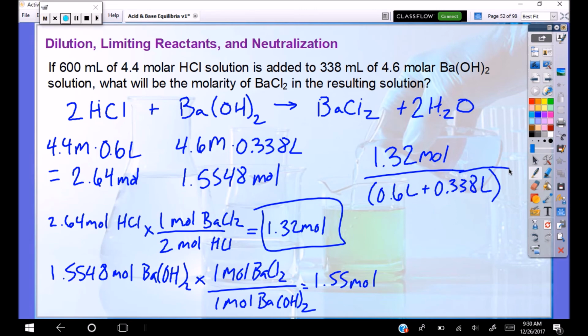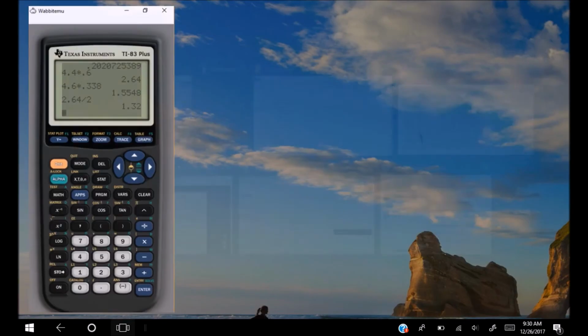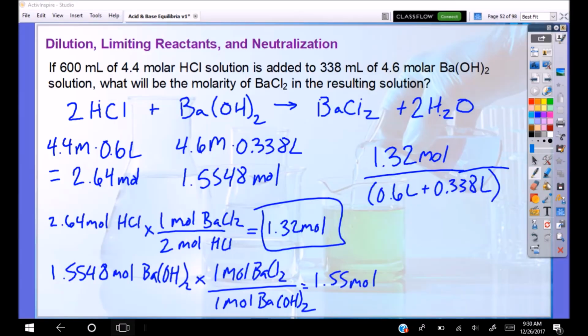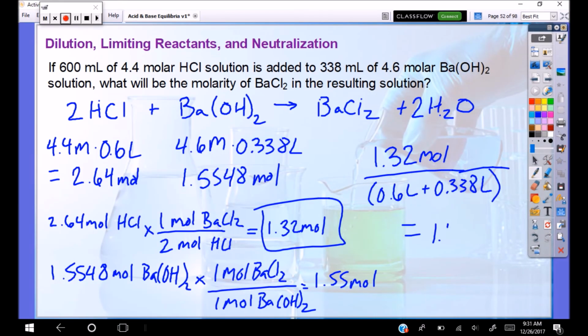So this is the number of moles in a new total volume. Okay, so 0.6 plus 0.338 is 0.938 liters. So we can do 1.32 divided by 0.938 liters, and we get 1.41 as our molarity. 1.41 molar for our barium chloride. So that's how concentrated our salt will be after this is neutralized.